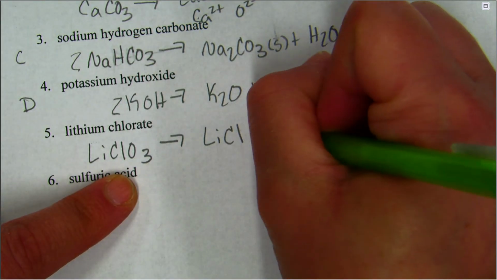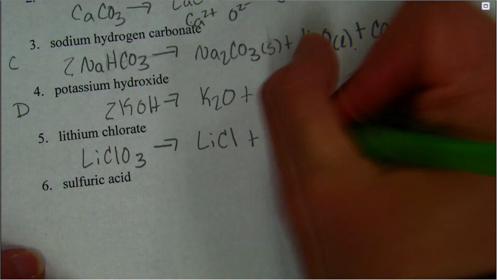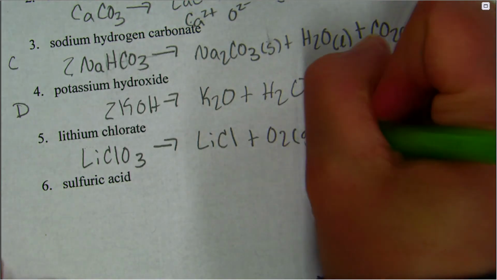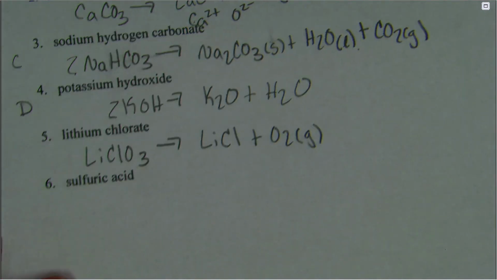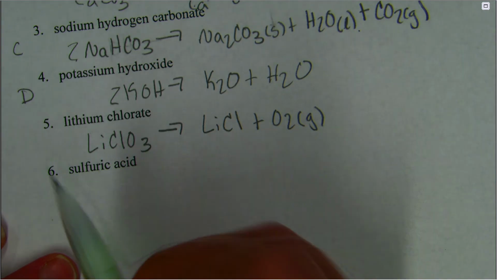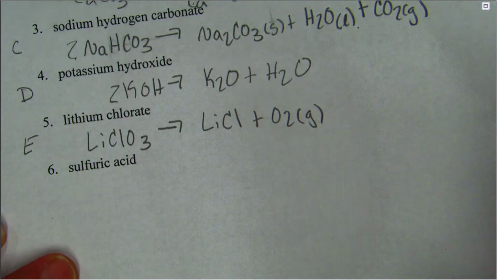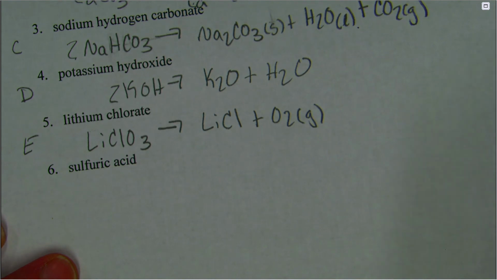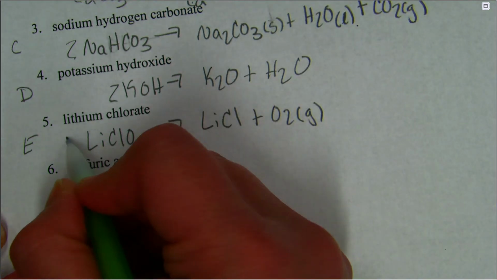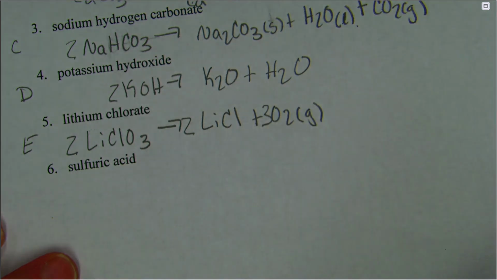Plus, it says oxygen gas, which we know is a gas. And then we're going to balance it. So type E. To balance this, I'm just going to put a 2, 2, 3. There we go.